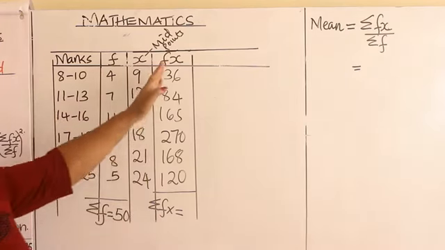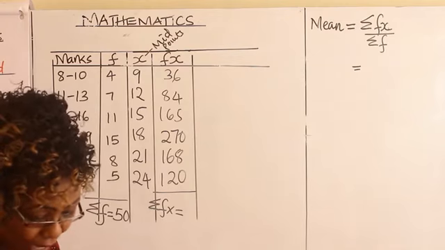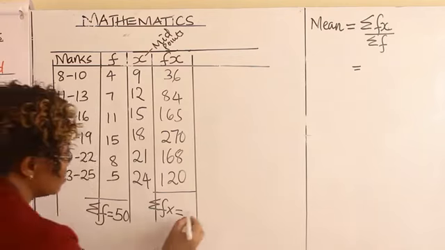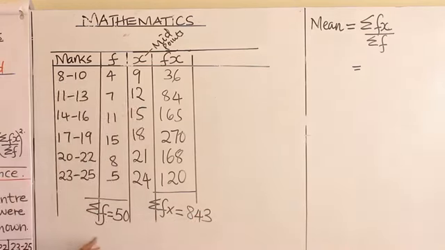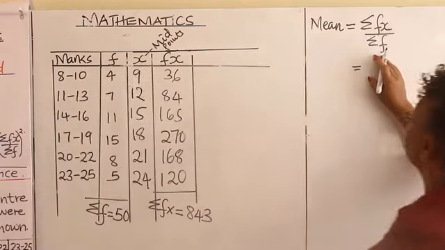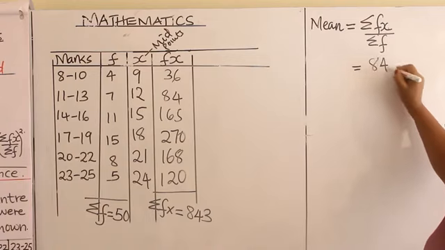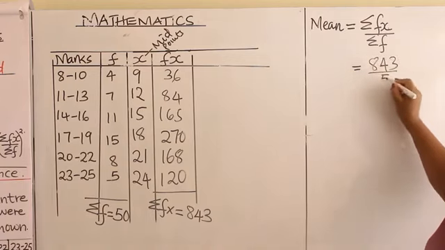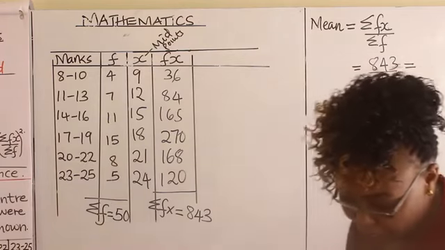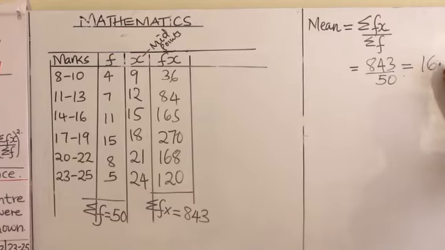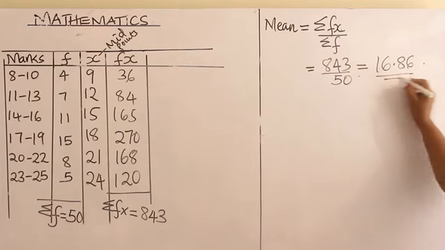Then the sum of all fx, you add all these using a calculator, and you should get 843. And therefore, learner, we come to our formula for mean here. The sum of fx, 843, divided by 50. Using a calculator you should get 16.86. That is our mean.